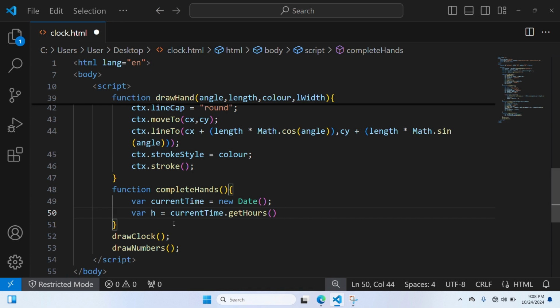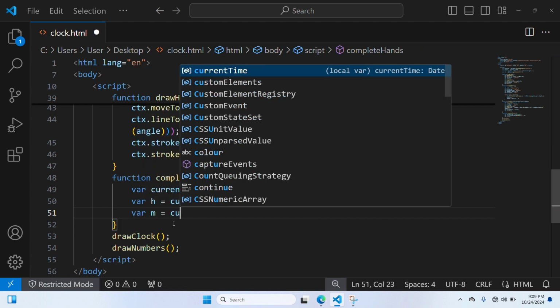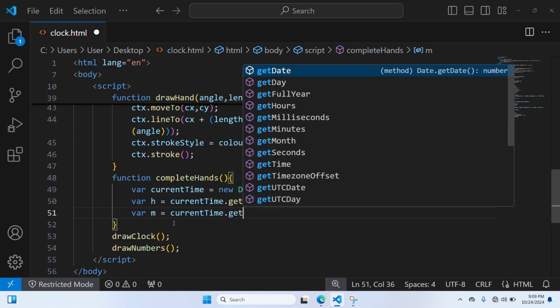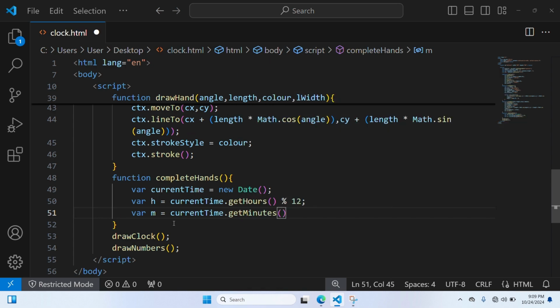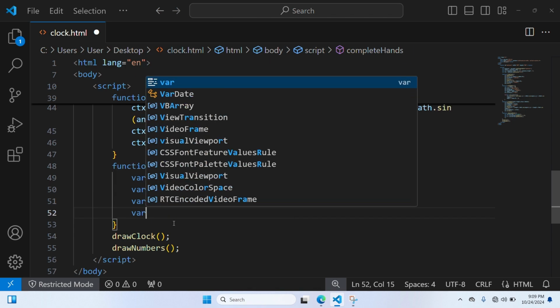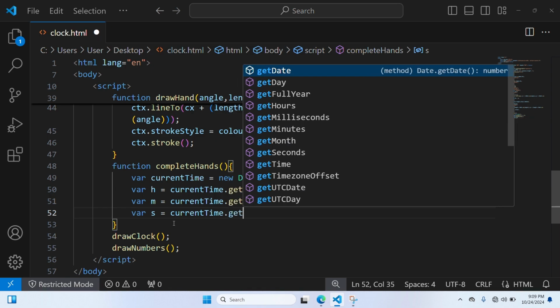So let's get the remainder. For that we will add the percent sign and then 12, so that the number of hours will be up to 12. Similarly, minute m is equal to currentTime.getMinutes, then here s is equal to currentTime.getSeconds.